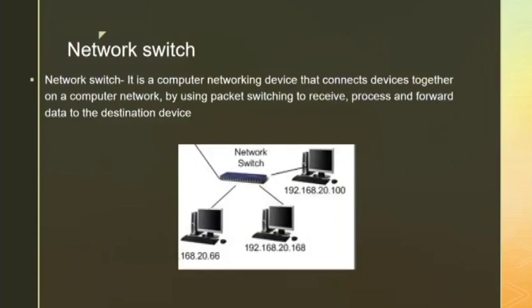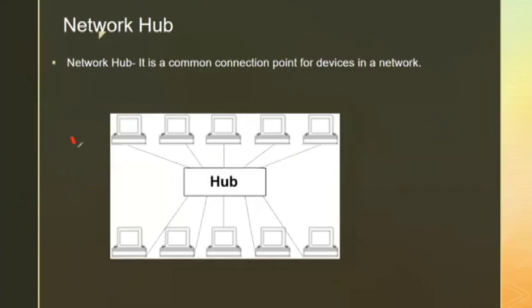Another one is that a switch is full duplex. Remember that one? That is full duplex. That means the network switch can transmit data both ways at a time. Both ways at a time. But the network hub is half duplex.